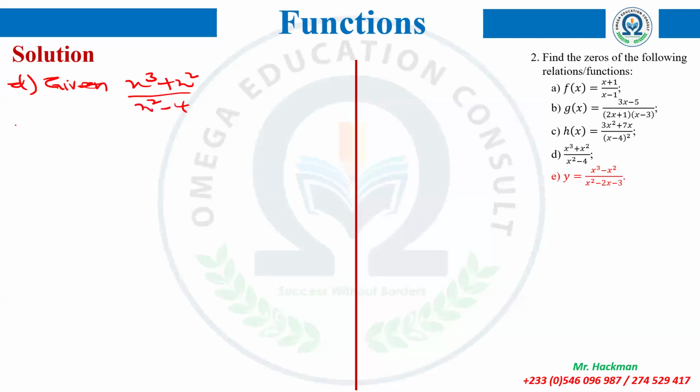So here, for the zeros, your numerator, which is x cubed plus x squared, should be equal to 0. All correct?